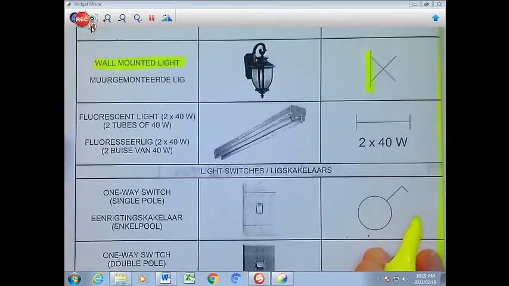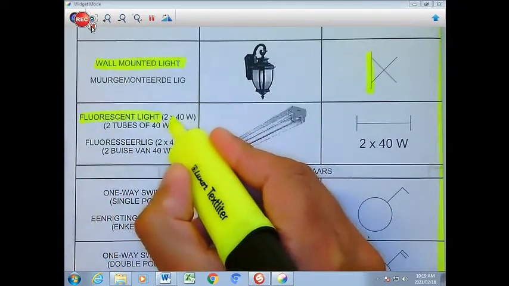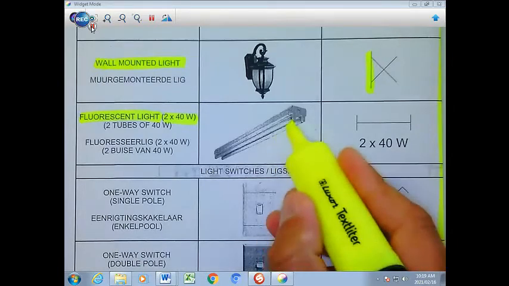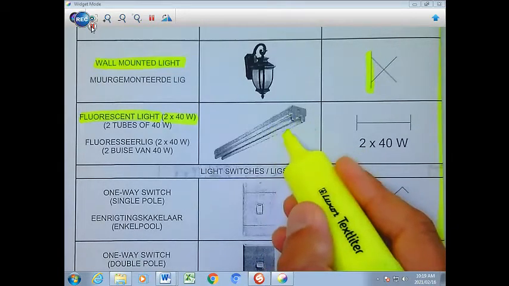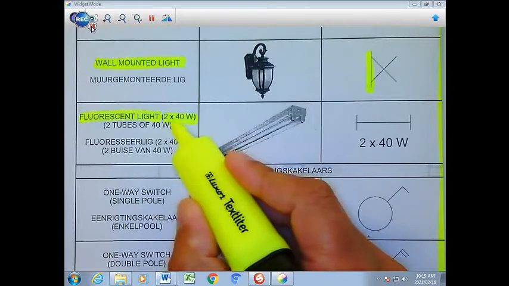If we look at the next one, this is a fluorescent light, and it's a 2 bulb tube, 40 watt each. There you will find the 2 bulbs. You will find one that has 3 bulbs as well, then you must change that to 3 times 40 watt.